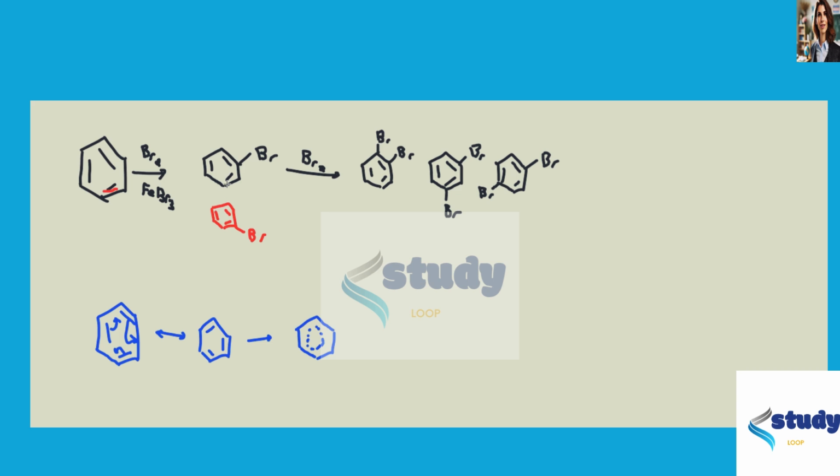But now, if you were to draw these structures, it's not consistent with only getting three products. Because you see here, we can get ortho, meta and para substitution. Well, we have two ortho positions, two meta positions, and one para position. Well, we see that in a product, we have one ortho, one meta, and one para product.